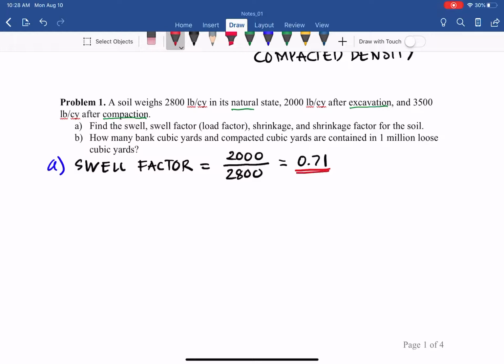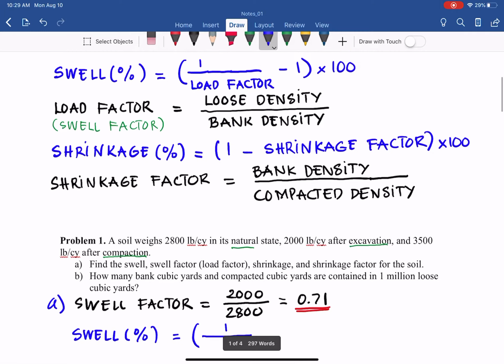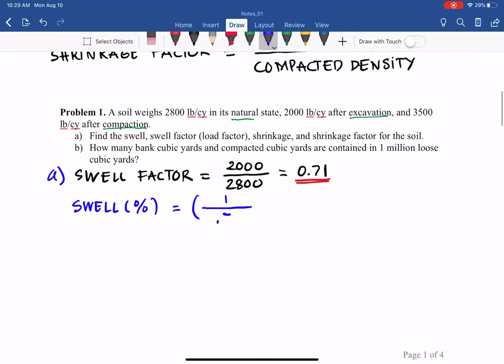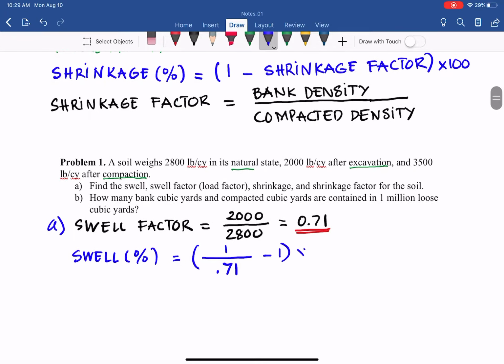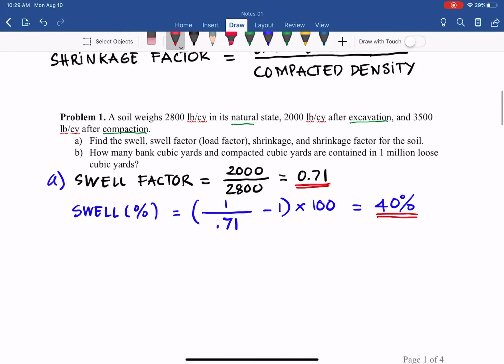And then we also have swell percent. We have the equation equal to 1 over the swell factor or load factor, 0.71, minus 1, times 100. So from that we will have 40%. And what does that mean? For this type of soil, if we disturb it, the volume increases 40%.